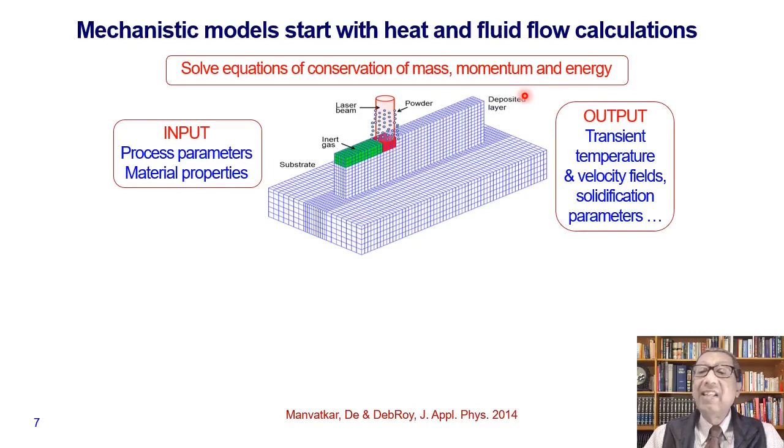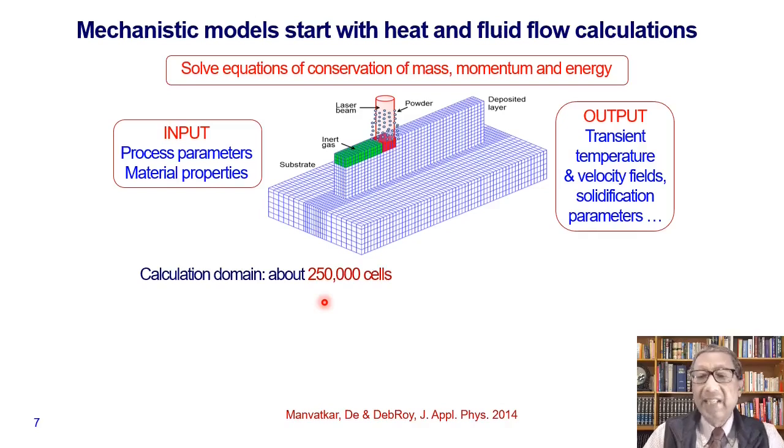We discretize the equation. We form linear equations from the differential equations. We subdivide our domain into small parallelepipeds. Let's say this domain is divided into 250,000 cells. And what is it we are solving?